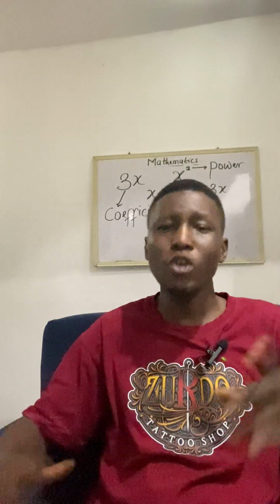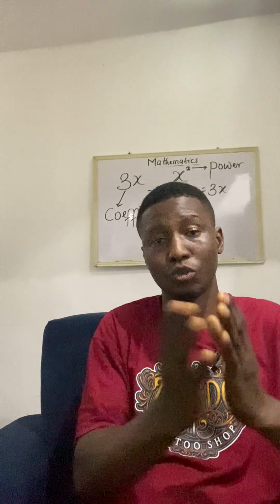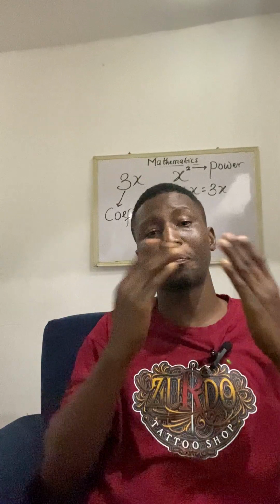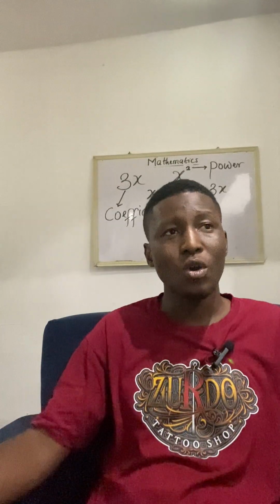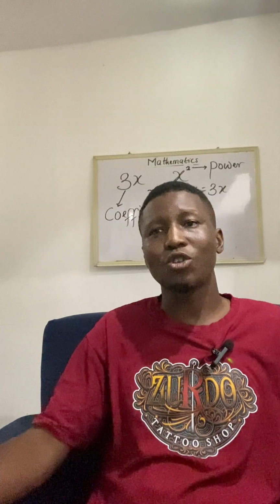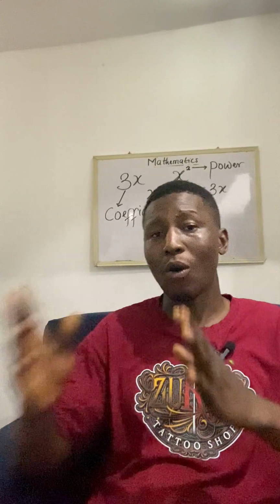Take note of that. So when you add the same letter of the same degree together, you are going to have a coefficient. And when you multiply the same letter, irrespective of the degree, whether it is x raised to power 2 times x, as long as it is multiplication, you are going to get a power.